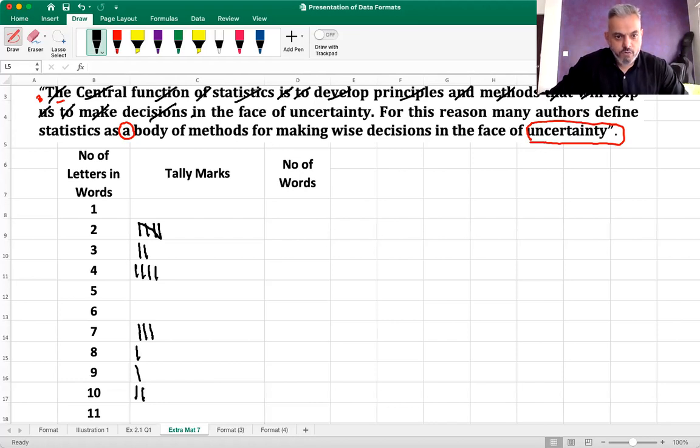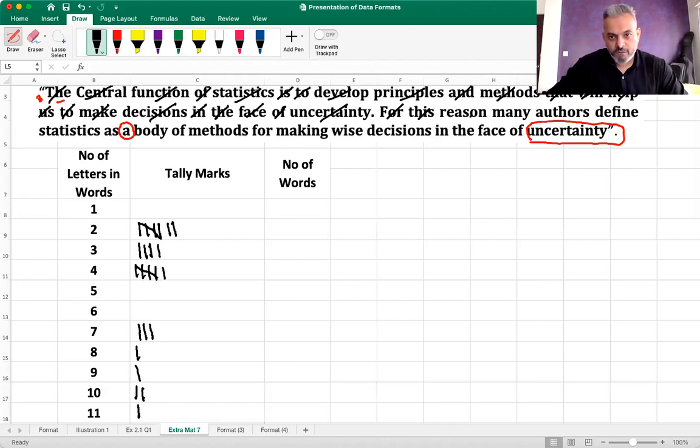Then in, 2. The, 3. Face, 1, 2, 3, 4. Then of, 2. 1, 2, 3, 4, 5, 6, 7, 8, 9, 10, 11. Uncertainty. So for, FOR, 3. This, 4.